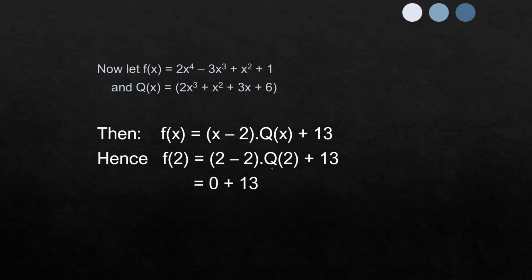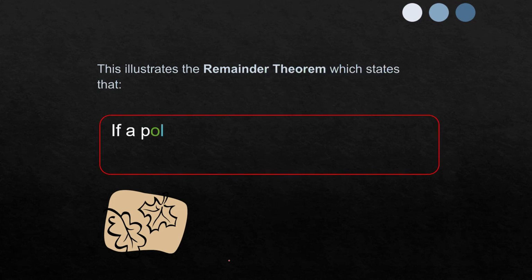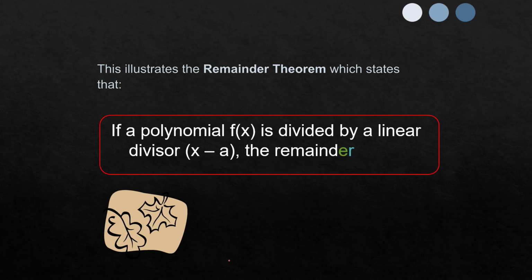When you multiply, this will be 0, and we'll only have a constant of 13 at the right side. So this 13 is the remainder. We can conclude that the remainder can be obtained by substituting the zero of the divisor into the polynomial.